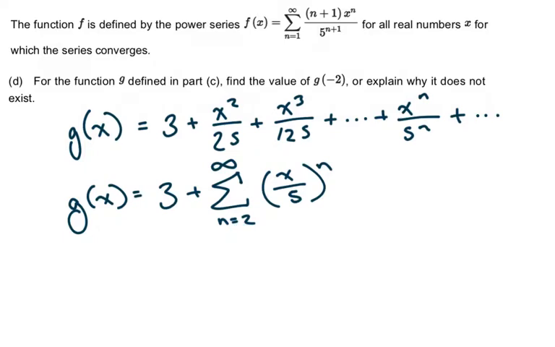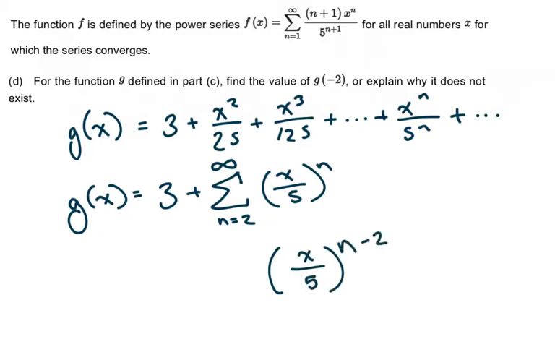Now, the only thing that's a little bit weird here is that if you remember, in order to use our geometric series, we want the first exponent to begin with 0.